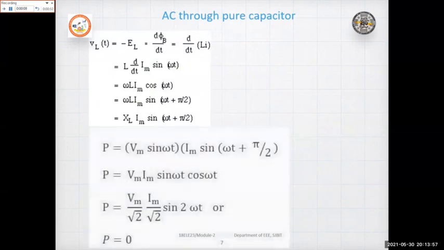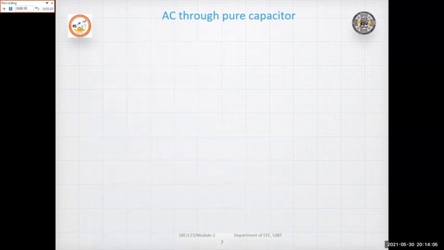The above equation clearly shows that the current is purely sinusoidal and has a phase angle of pi/2 radians, or you can look at the diagram.